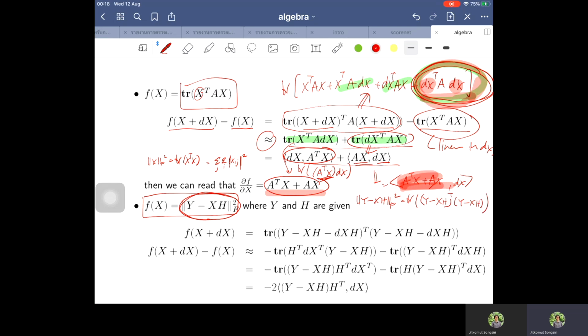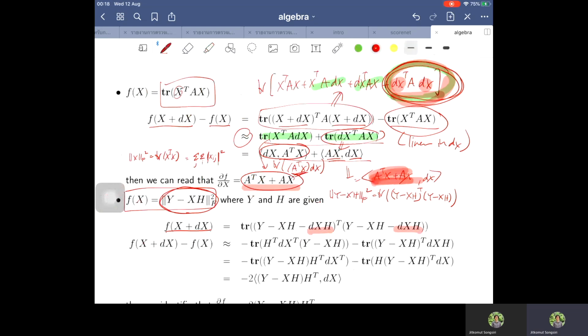Now you compute f(x plus dx). So you're going to have dx times h. Now you're going to subtract from f(x).